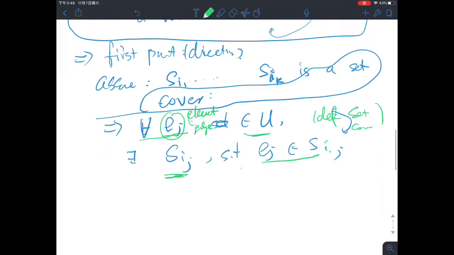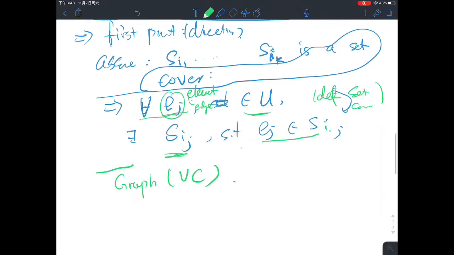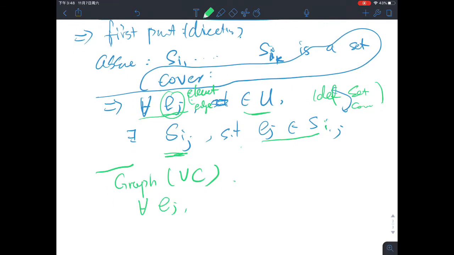Right. So that basically means that if I look at the graph's interpretation, let's go back to the vertex cover problem. That means that for any Ej there exists an Ij such that Ij is one end of Ej.